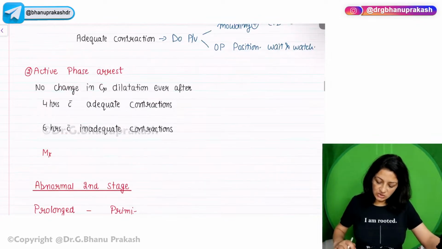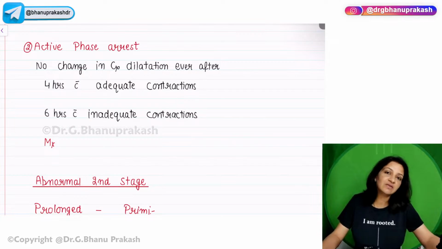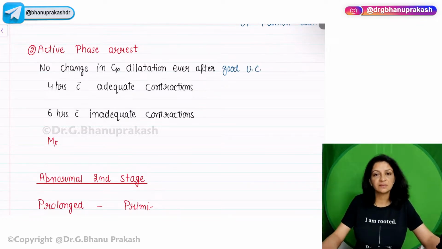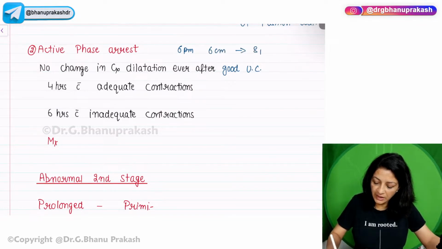Okay, so next one is active phase arrest. So what is the meaning of active phase arrest? Means no change in cervical dilatation even after good uterine contractions. Means 6 o'clock पे patient 6 centimeter dilated है, after 8 p.m. आपने चेक किया again 6 centimeter.